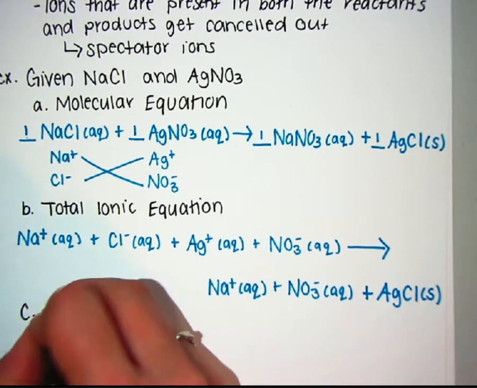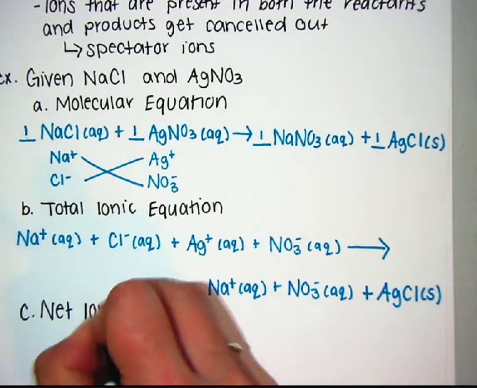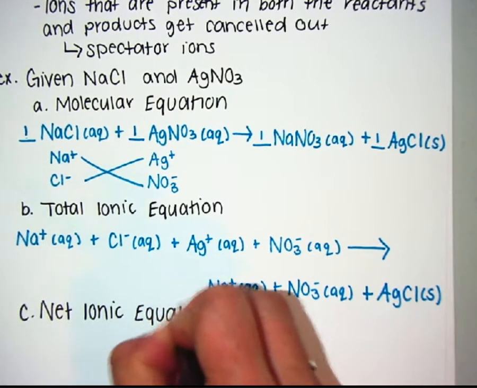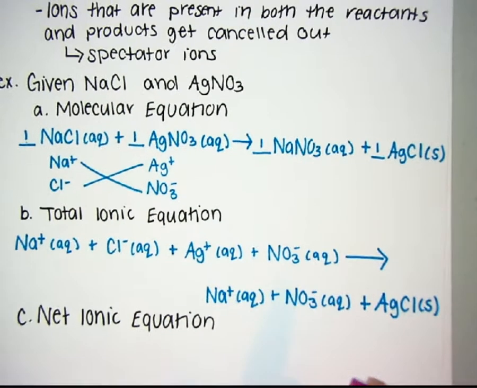Question C. We could now convert to the net ionic equation. So in the net ionic equation, ions that are present in both the reactants and the products will get canceled out.